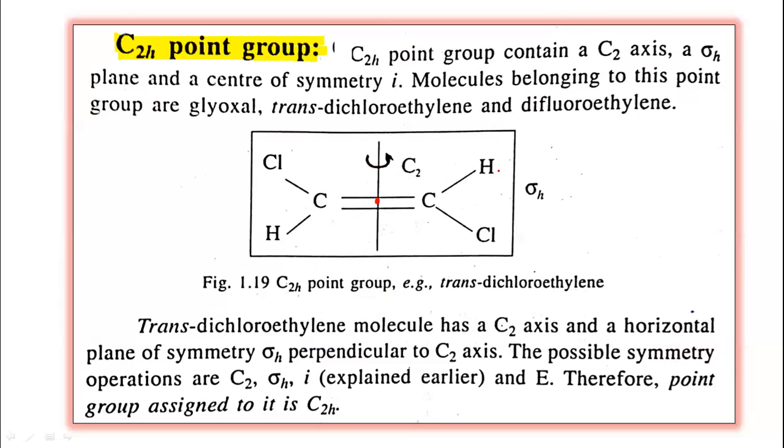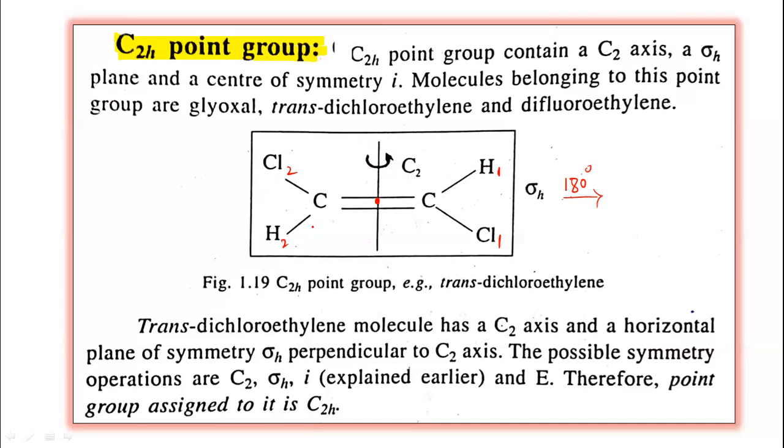Suppose we label this as hydrogen 1, this as chlorine 1, this as hydrogen 2 and this as chlorine 2. Rotating along this axis, we get the equivalent configuration, and that rotation is around 180 degrees.